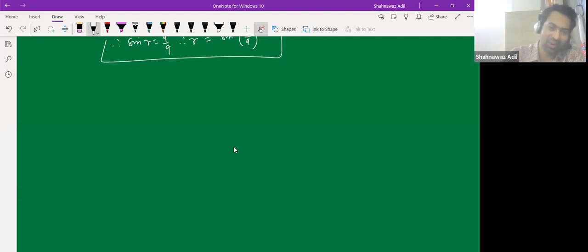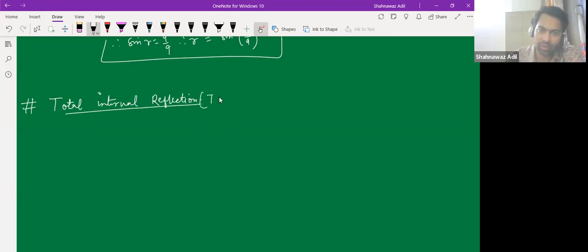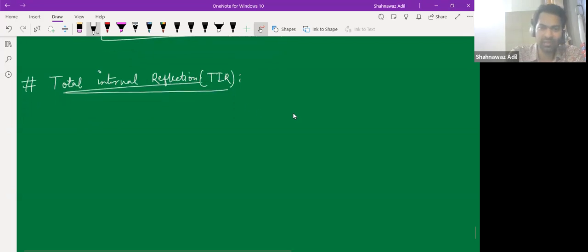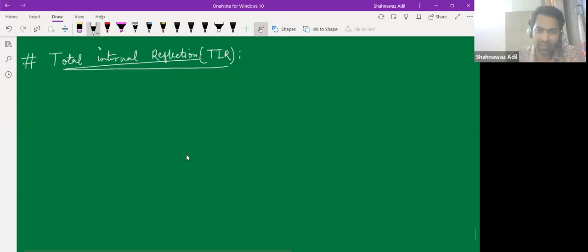Okay, so we are just starting TIR, total internal reflection. So in short, this is called TIR. And what happens in a TIR? Let's say light is coming from a denser medium.